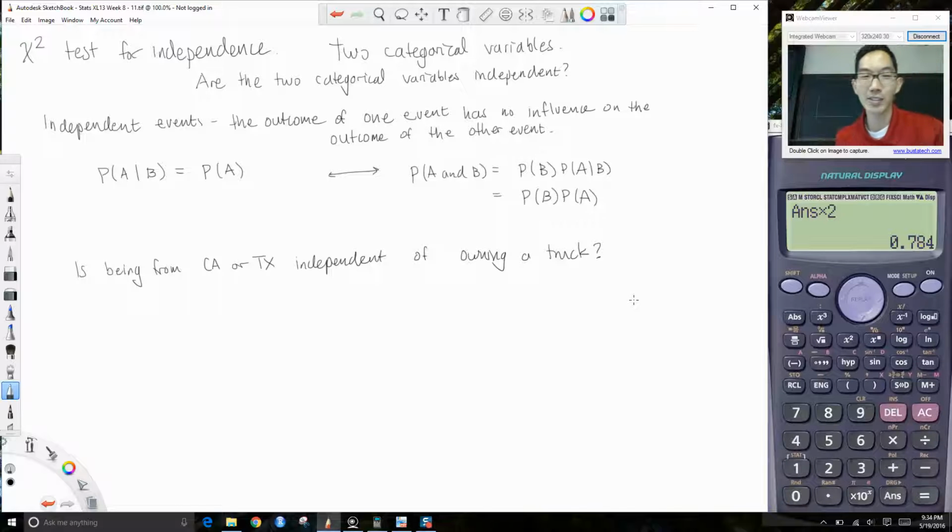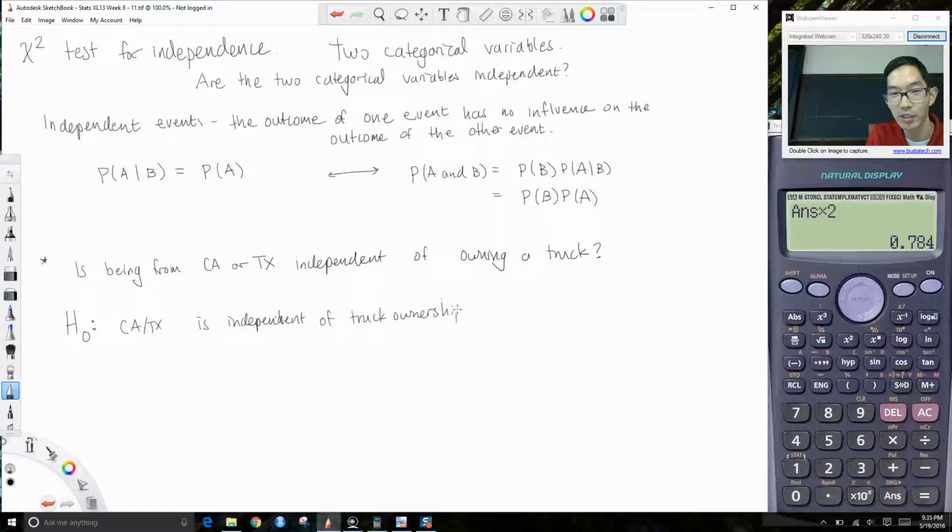Okay, so this is kind of the question we're going to ask. When we write our hypotheses, the null hypothesis will be that being from California or Texas is independent of truck ownership. Or truck ownership is independent, okay?